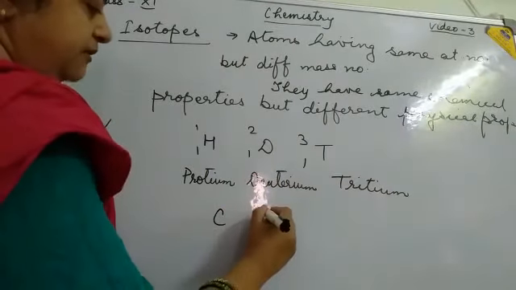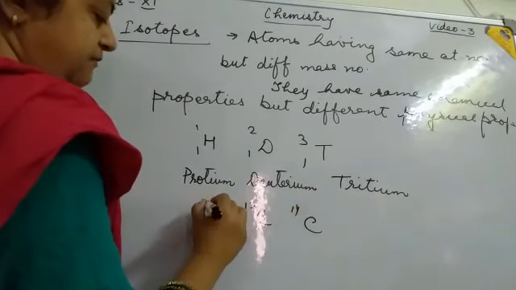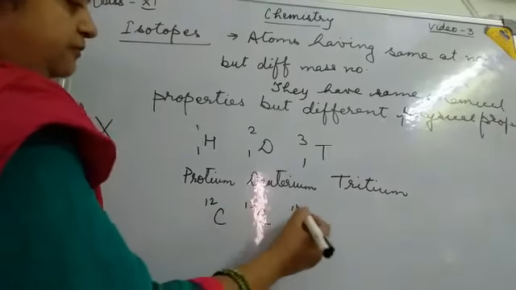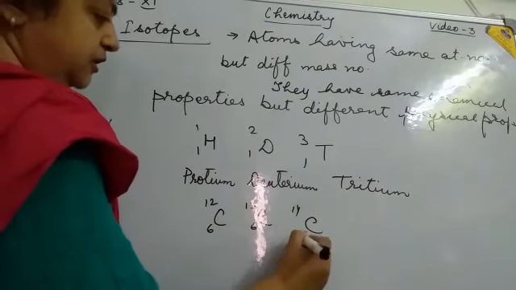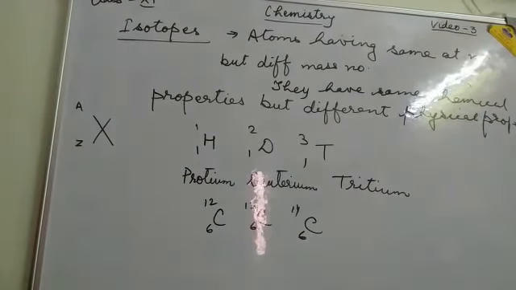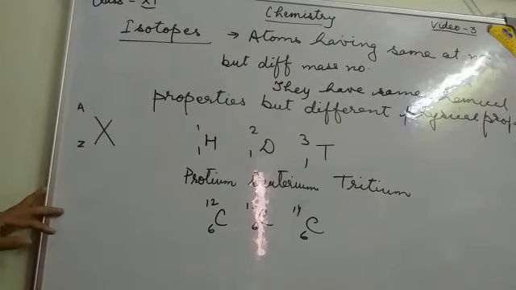Similarly, carbon-12, carbon-13, and carbon-14. Carbon-12 and carbon-14 are naturally occurring. As you all know these isotopes, there are various isotopes. Almost each and every element in the periodic table has isotopes. So these are the isotopes.